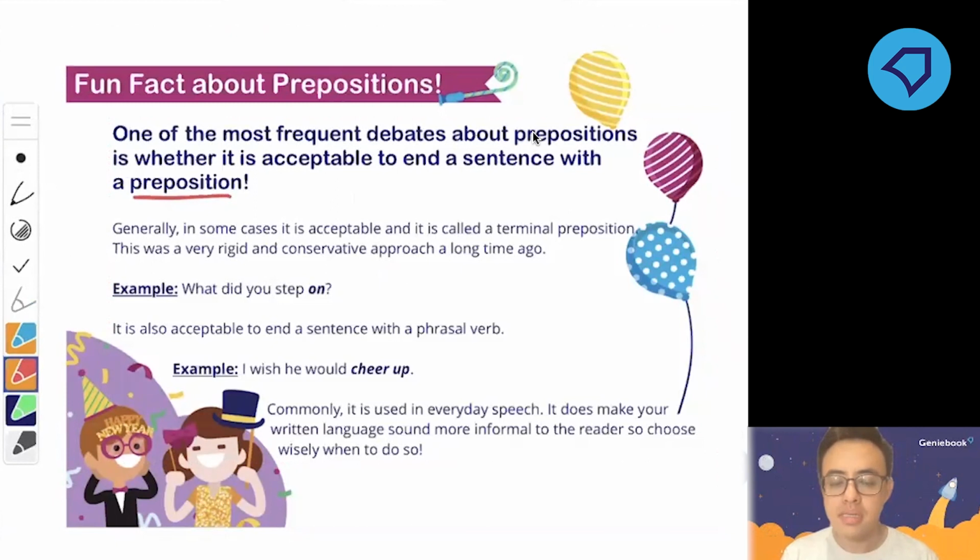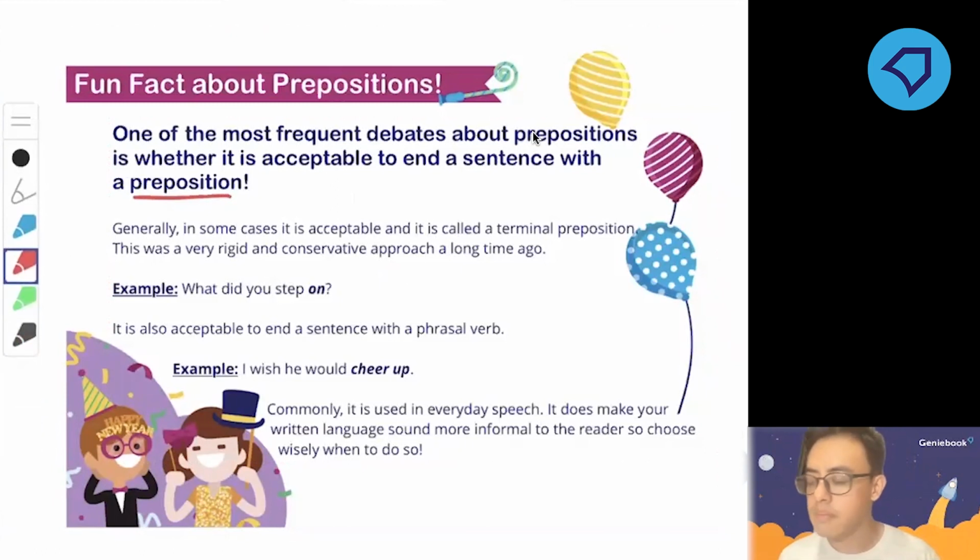In some cases it is acceptable, but ending a sentence with a preposition is a grammar mistake that many English grammar people call terminal preposition. So strange are these rules. An example for this is: what did you step on?